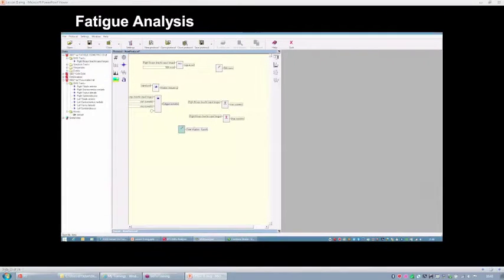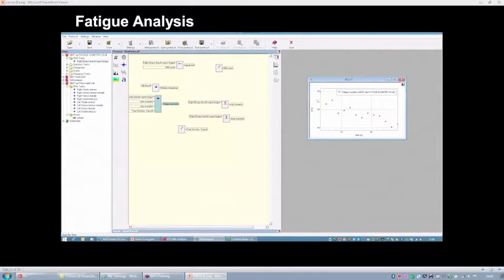I'm going to use 2 seconds. So let me show you the results. As you can see, you have a decrease over time of the median frequency value of the signal.